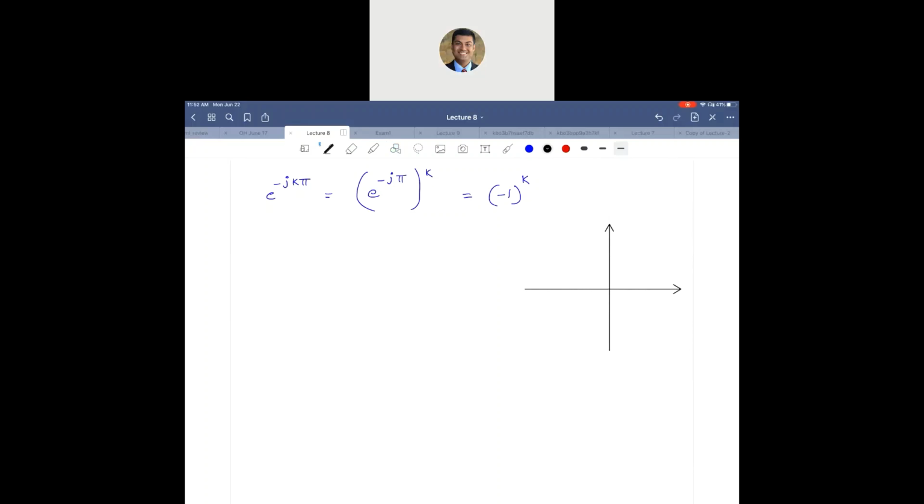So when you're doing e to the minus j pi, you are essentially evaluating, right? This is real, this is imaginary. So when you have a phase term of negative pi or plus pi, you will have -1. How about this? How about e to the j pi over 2, to the k? What would that be?